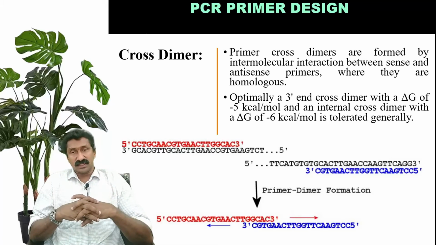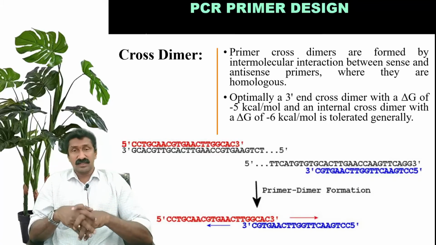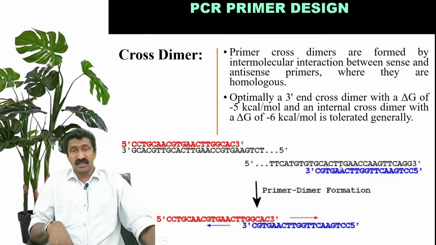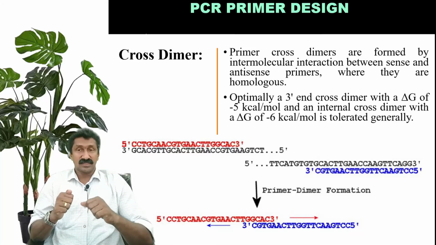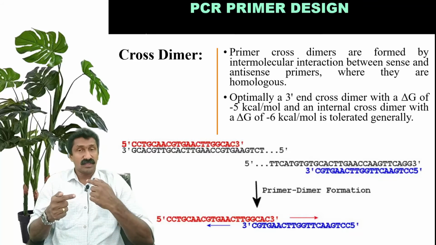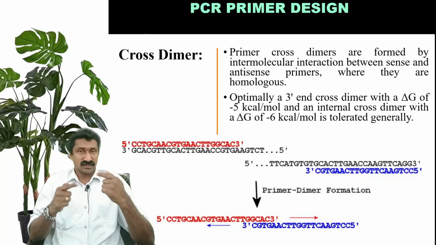Then cross-dimer is another one, and this is another example where we have a forward and reverse primer. Primer cross-dimers are formed by intermolecular interaction between the sense and antisense primers, or the forward and reverse primers. In the previous case, the primer dimer is formed between forward and forward primers, or reverse and reverse primers, the same sense primer.